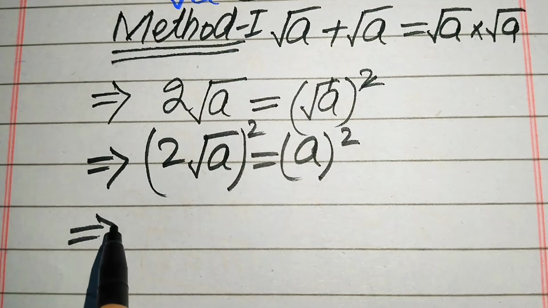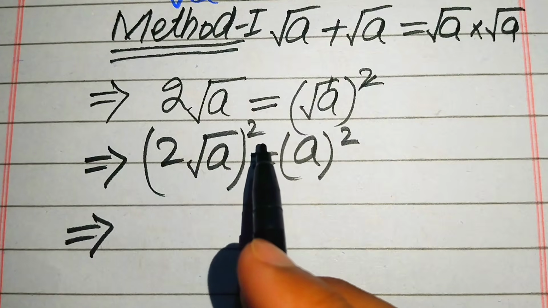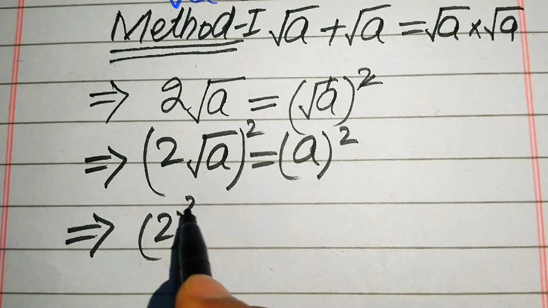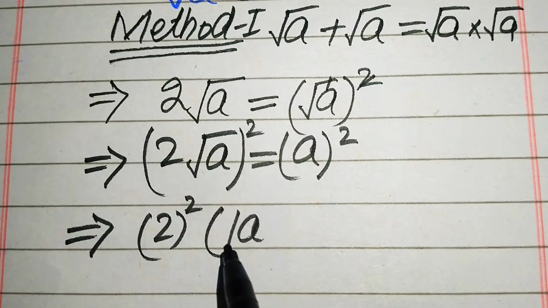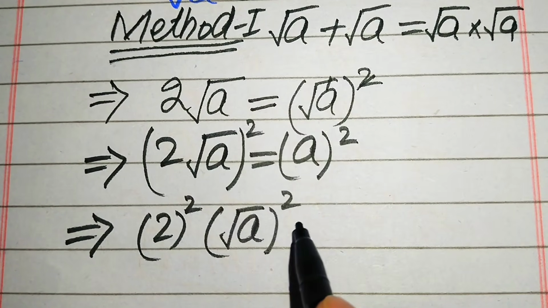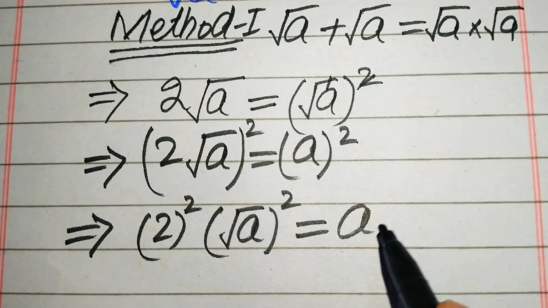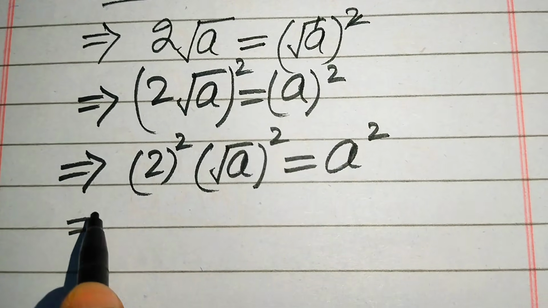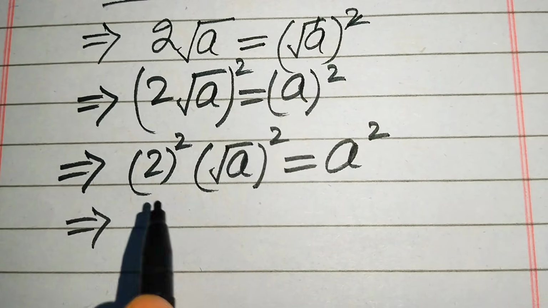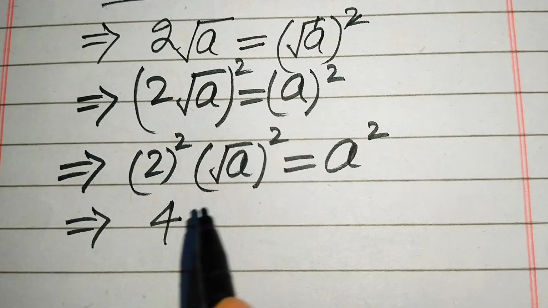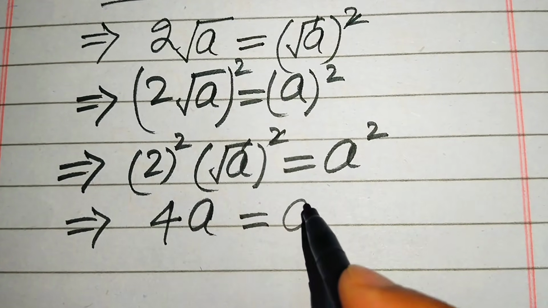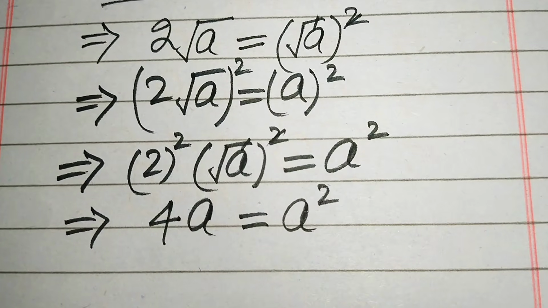So when we apply squaring, we apply the square separately on both of these values, and we get 2 square into square root of a and its whole square is equal to a square. And now further, in the next step, we need more simplifications here, and 2 square becomes 4. This square and square root are gone, and we get here 4a is equal to a square.